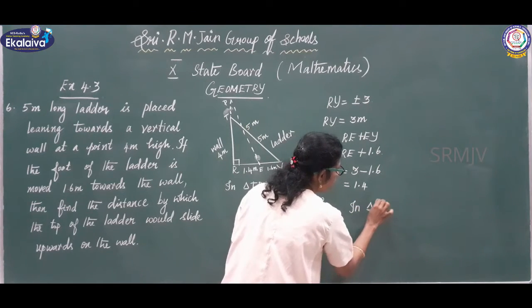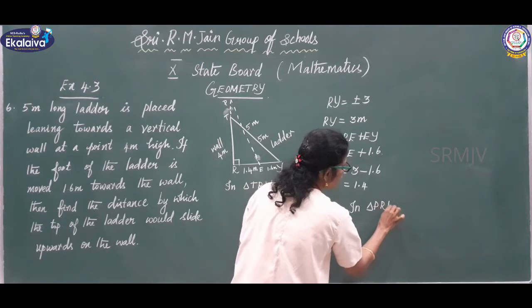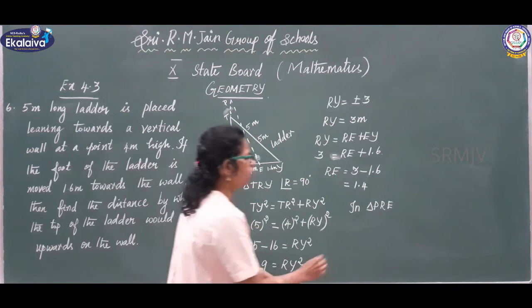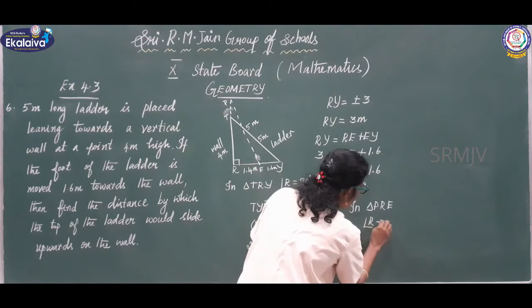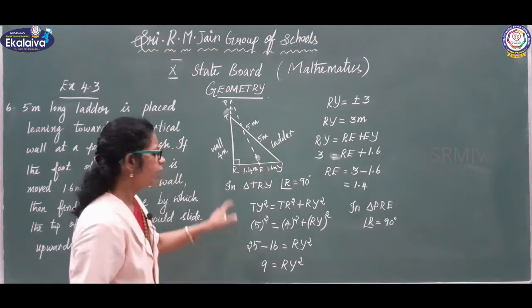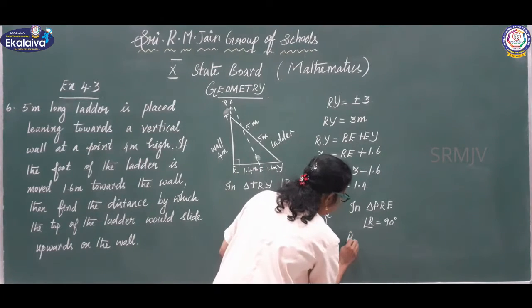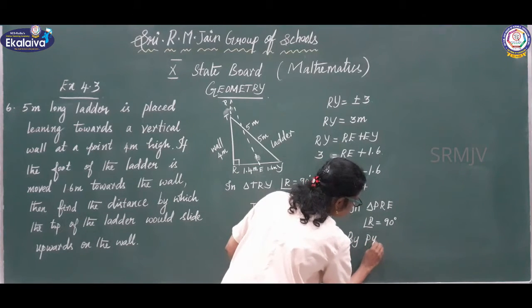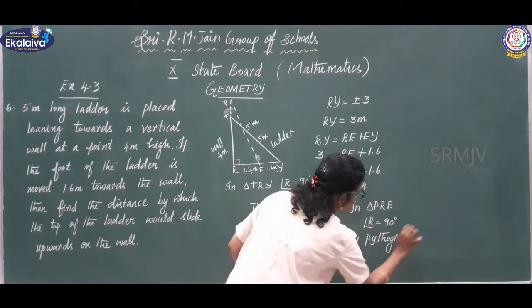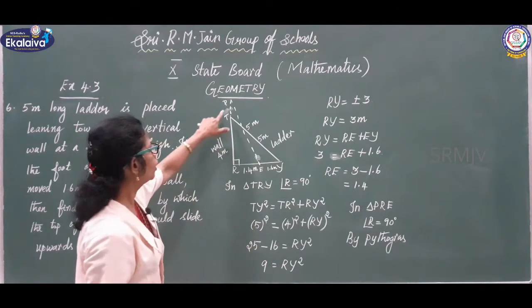In triangle PRE, angle R equals 90 degrees. Angle R equals 90 degrees, so by Pythagoras, what is it?